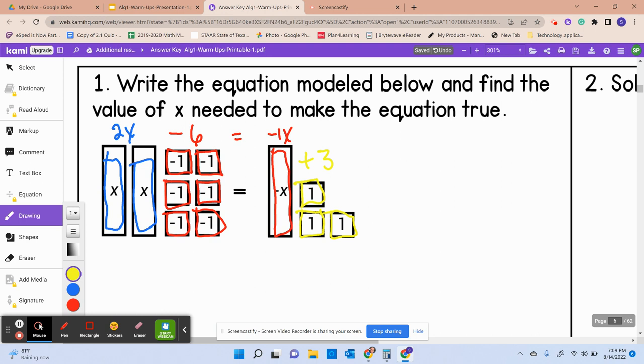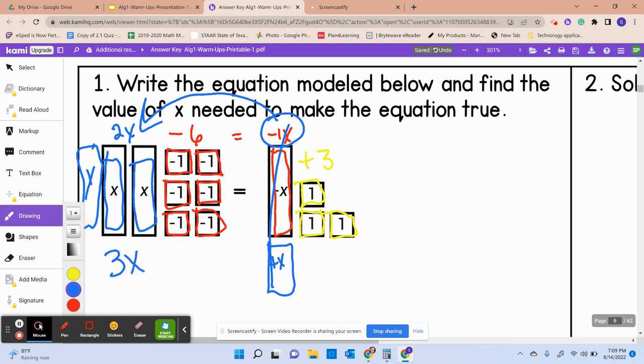Now, what we would have to do is we have to get the x's on one side. So I want to move them over here because I like to move them all with a positive. To cancel this negative x out, you have to have a positive x to cancel that out, because once they match, they're canceled. So if you did it to one side, you would need to do it to the other, which when you add one more x over here, that gives you 3x.